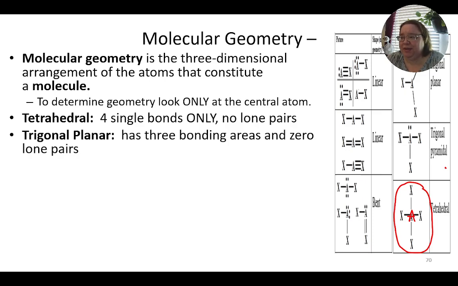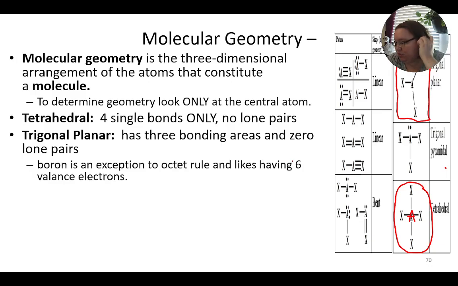Next is our trigonal planar. So trigonal planar has 3 bonding areas and no lone pairs. The most common trigonal planar that we will see is up here on the top right, where you have 3 single bonds. That's the one that boron almost always makes.